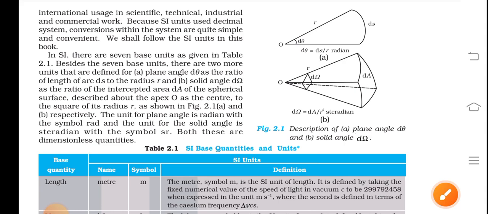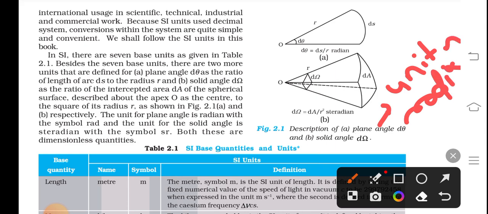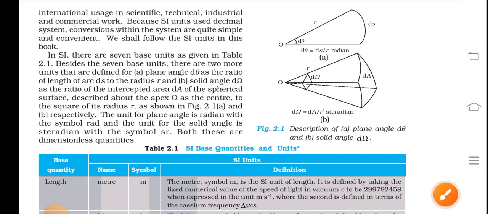And the unit of plane angle is radian. Units are very important. The unit of plane angle is radian, with the symbol rad.